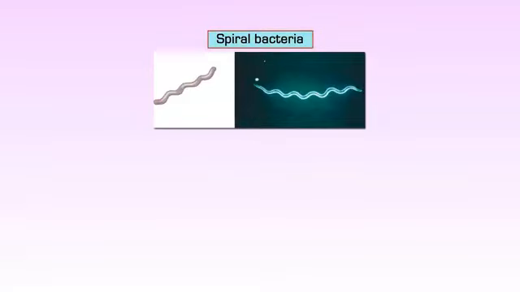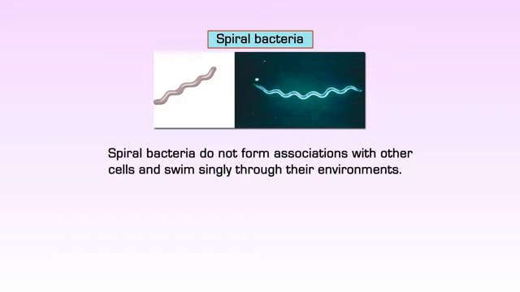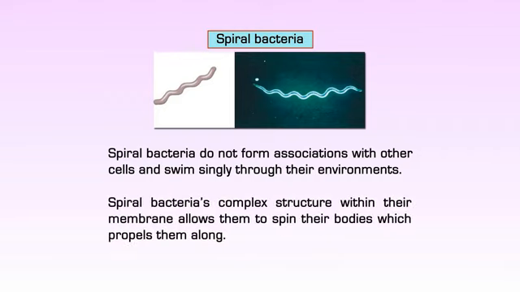In the case of the spiral bacteria, they do not form associations with other cells, and they swim singly through their environments. The complex structure within their membrane allows them to spin their bodies, which propels them along.